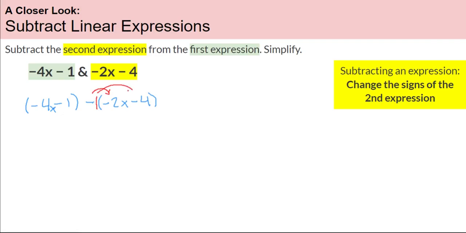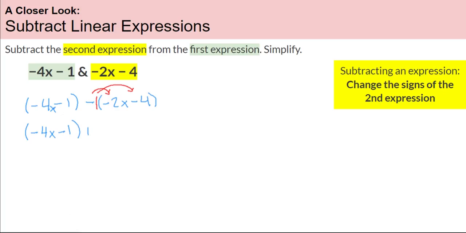So what's that going to do? It's going to change all the signs. So here's a trick. When we're subtracting an expression, change the signs of the second expression. Okay, let's change the sign. So negative 4x minus 1 stay the same. And now we can change it to plus.